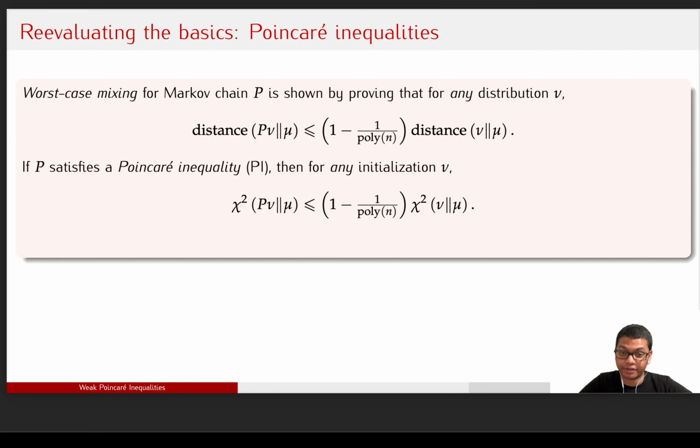So just to reiterate this fact, we say that a Markov chain satisfies a Poincaré inequality if running a single step shrinks the chi-square divergence to the true stationary distribution, no matter what distribution nu you initialize at.